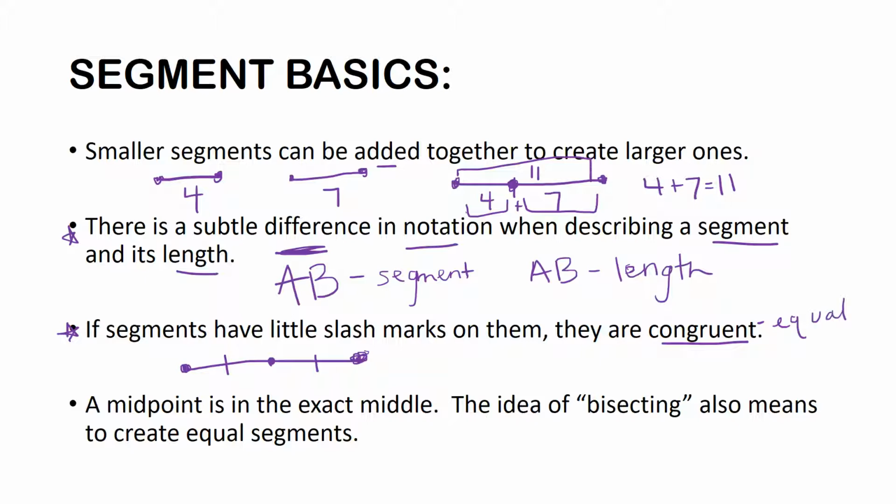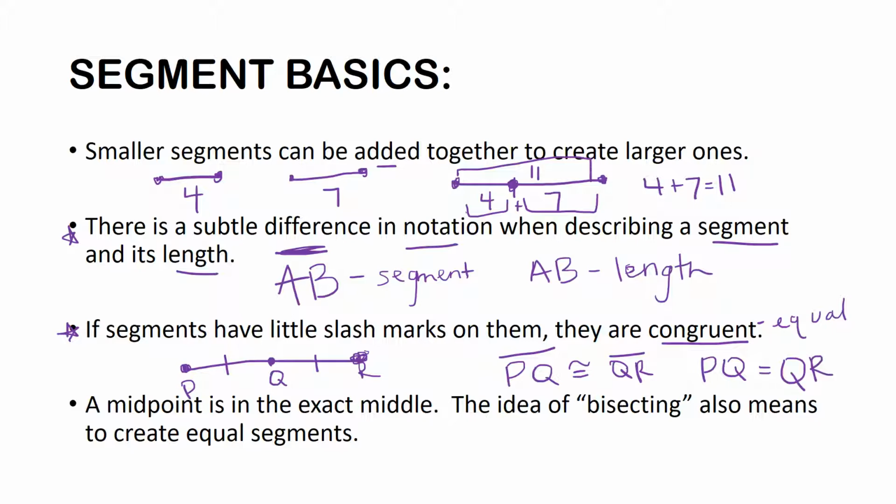So they are equal to each other. If this was a segment PQR, this would mean that segment PQ is congruent to segment QR. But this also means that PQ equals QR.